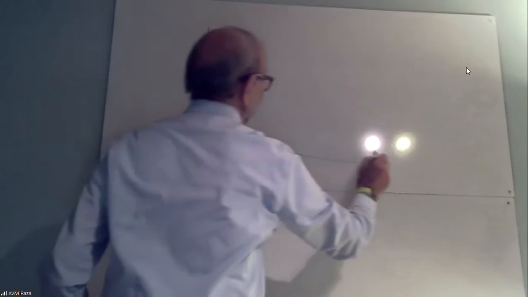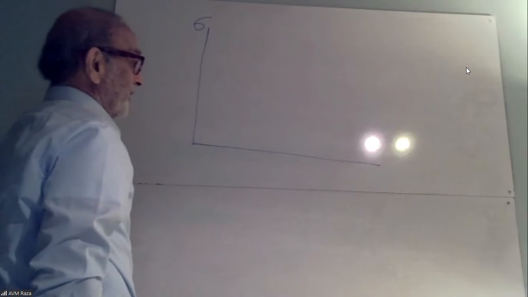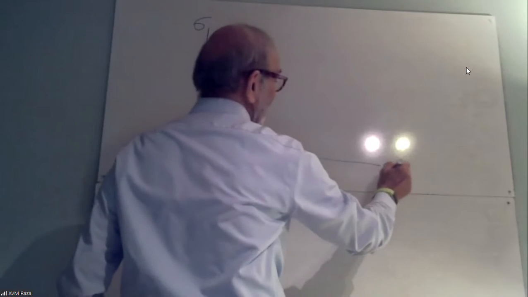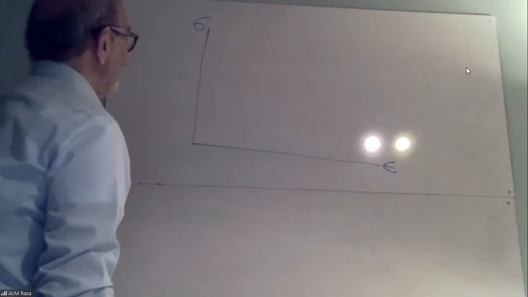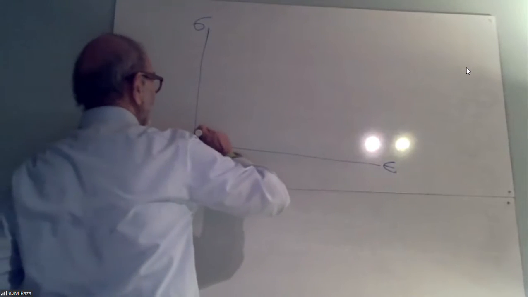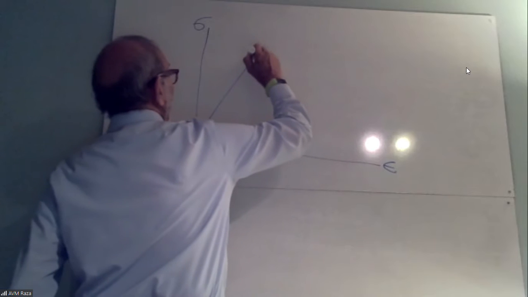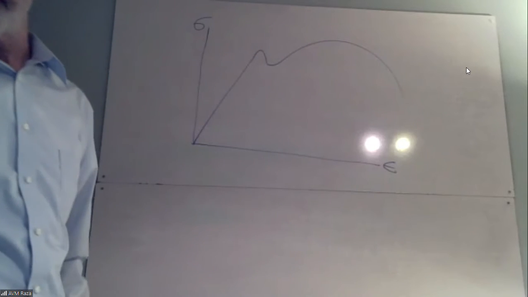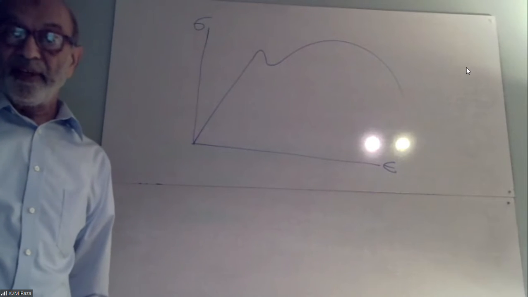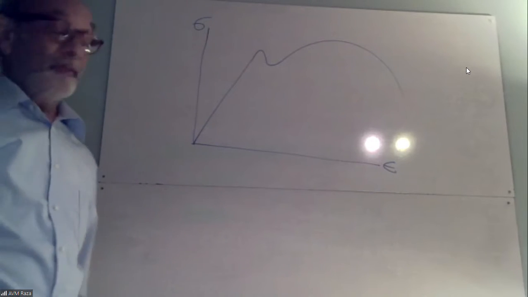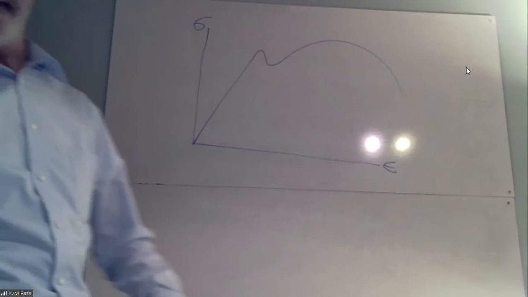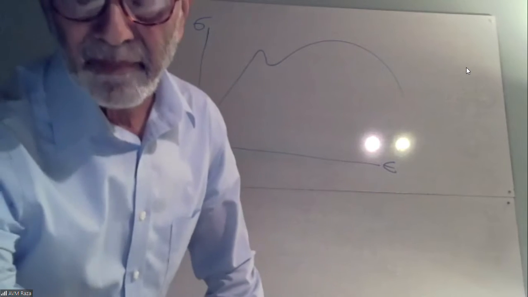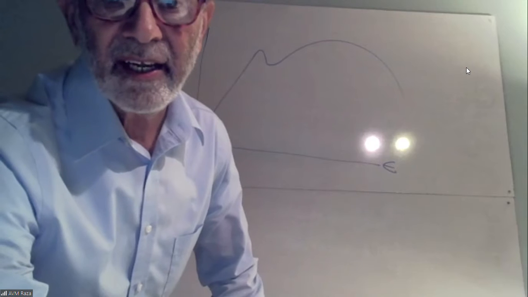If I were to take stress on the vertical axis and strain on the horizontal axis, I'm saying that this relationship looks something like this. That's the kind of curve you get. A very interesting curve, and we're going to analyze this curve a little in a minute. Let me just follow my PowerPoint slide. What is the next thing I have?